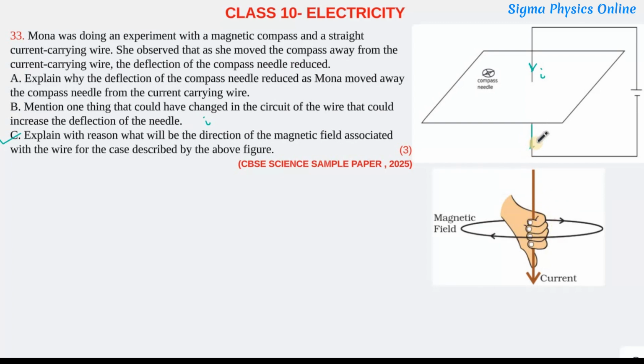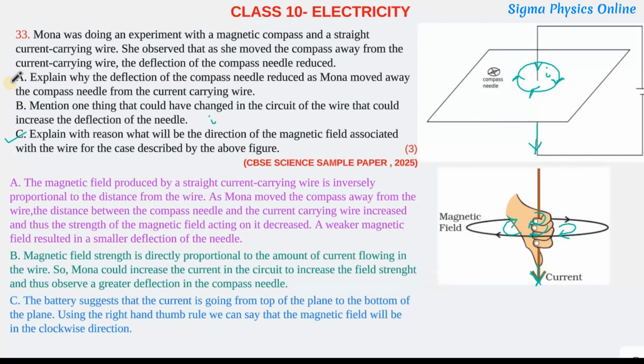Now in this given figure, the current flows downwards. So since the current flows downward, you can see the fingers are curling in this way. That is, the magnetic field direction is clockwise. So the magnetic field will circulate in a clockwise direction around the wire, like this. So this is the answer to the third bit.